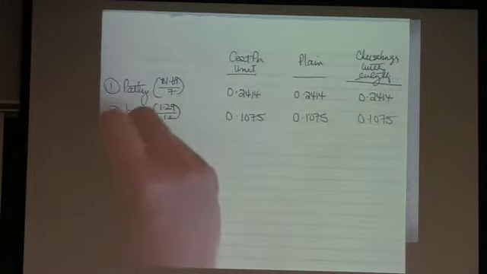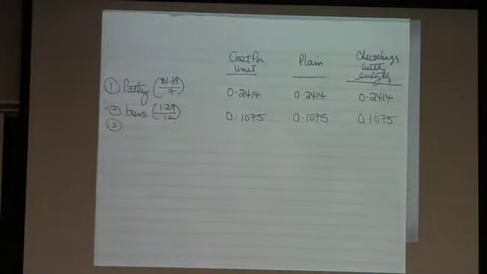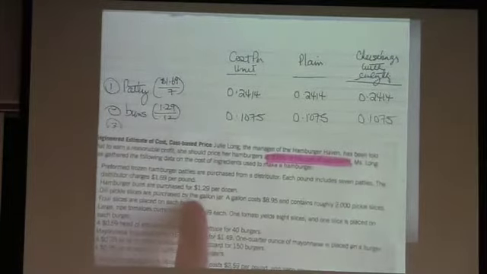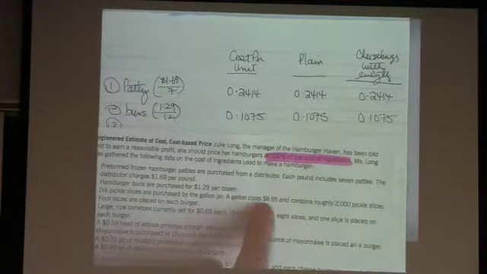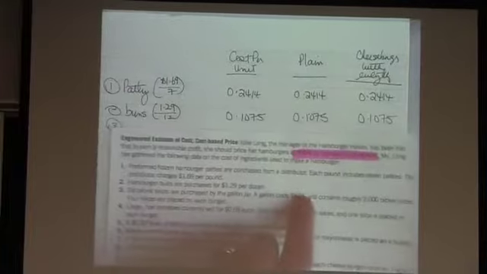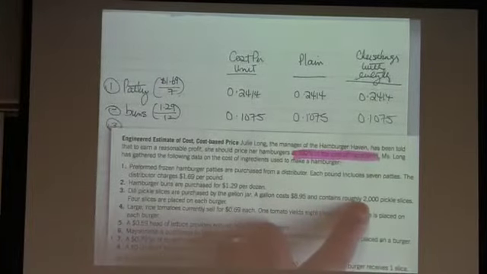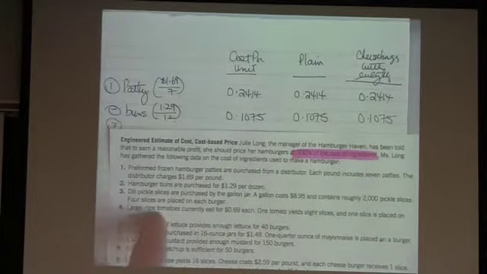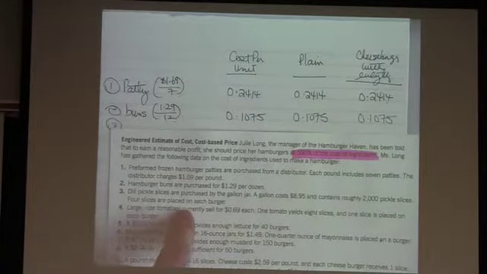Now, the third one says dill pickles are purchased by a gallon jar. A gallon costs $8.95, and the gallon consists of about 2,000 pickles, and 4 slices are placed on each burger.